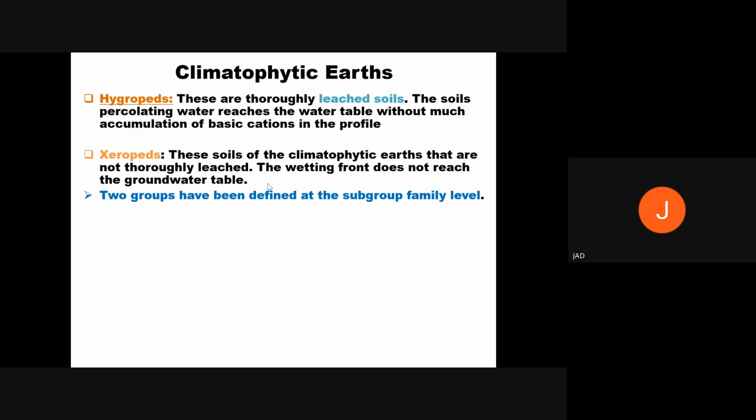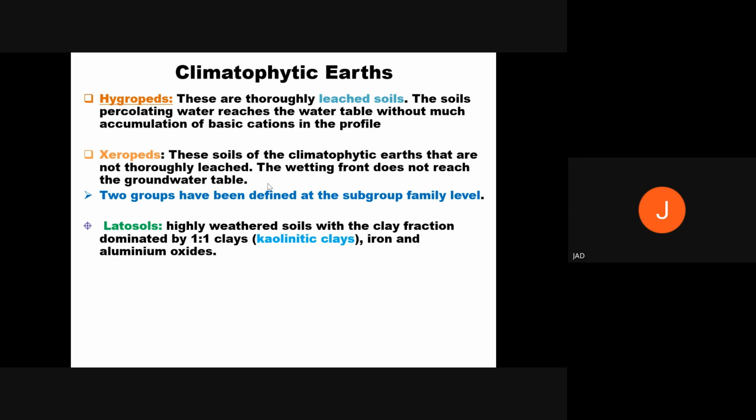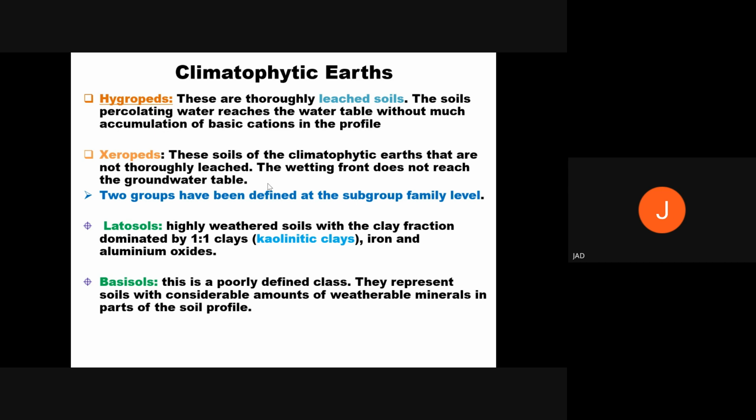So two groups have been identified at the subgroup family level. We have the latisols, highly weathered soils with a clay fraction dominated by 1-to-1 clay, that is kaolinite clay, iron and aluminum oxides. Then we also have what they call basisols. That tells you it's more or less alkaline in nature.